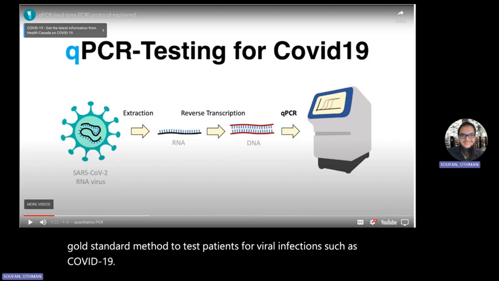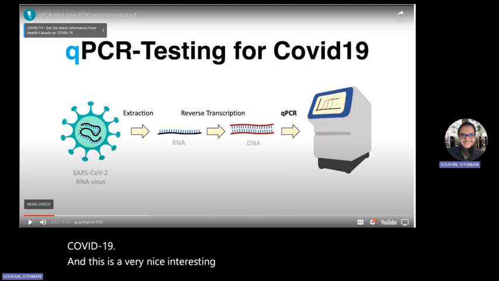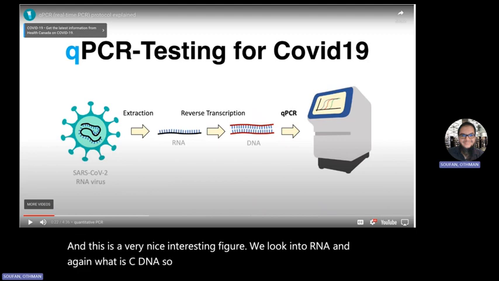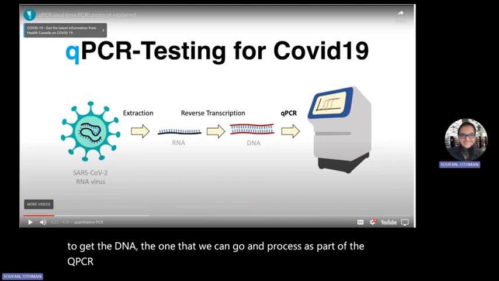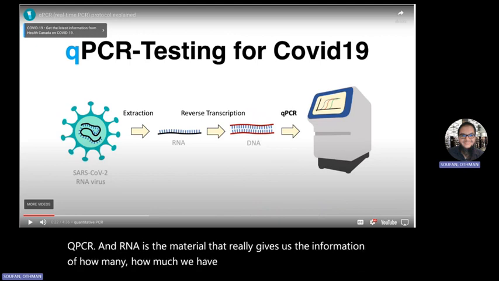And this is a very nice, interesting figure. We look into RNA, and again, what is cDNA? We start with an RNA, reverse transcribe that to get the DNA, the one that we can process as part of the qPCR. And RNA is the material that really gives us the information of how much production we have for that gene.